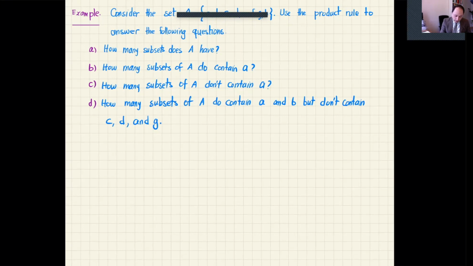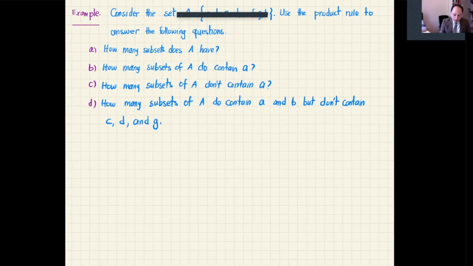If I want to answer this, I would say this is 1, 2, 3, 4, 5, 6, 7, 8 elements. Writing a subset of a set A is a task which can be broken down into eight stages. What can I call them?